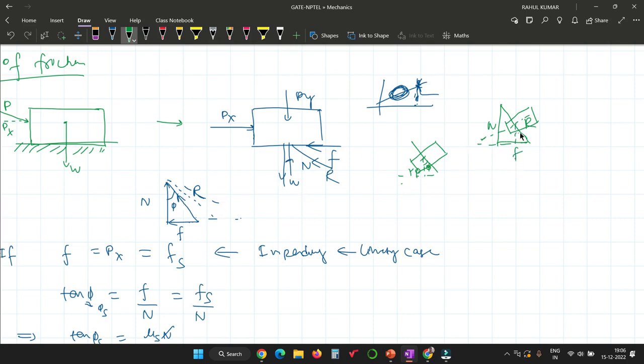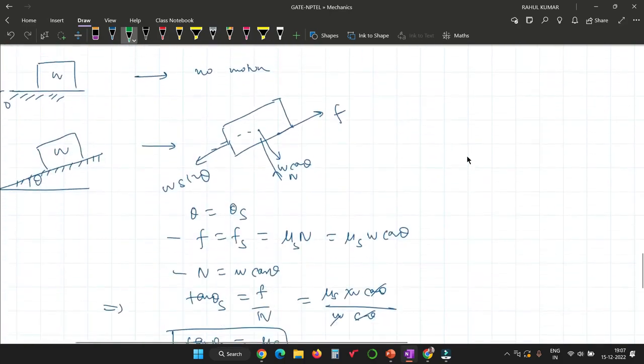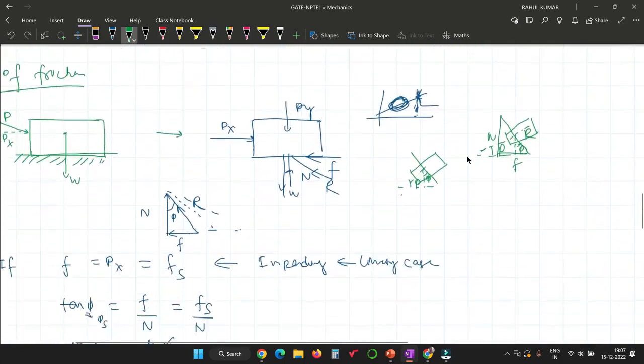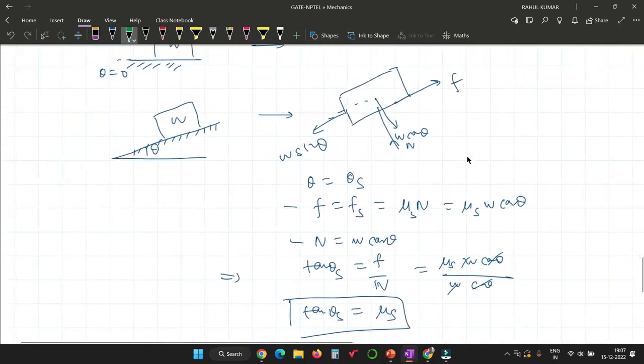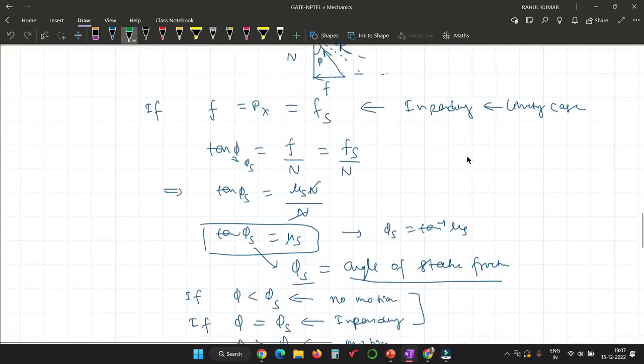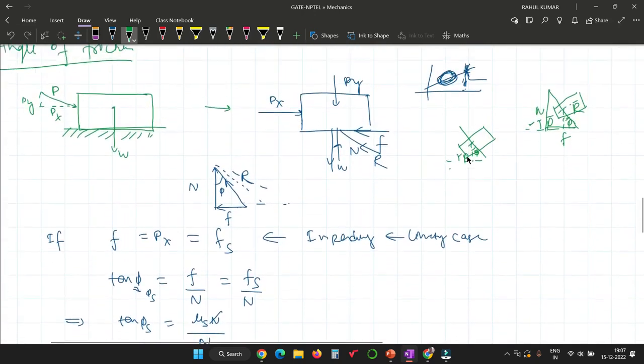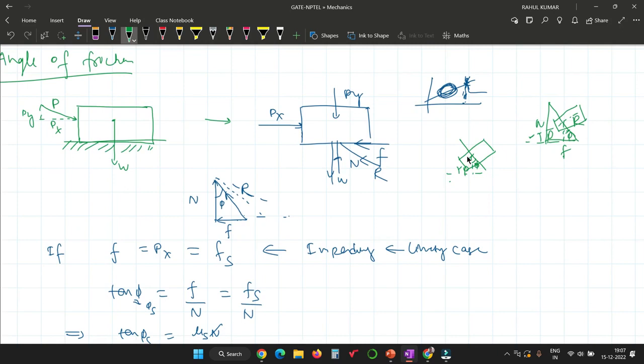So here it is angle phi, right? And if this is phi, then this is also phi. Now both situations are the same. That's why I'm trying to say that interpretations are different, but when you imagine things, both situations are the same. Either you can rotate the surface or you can rotate the vector.